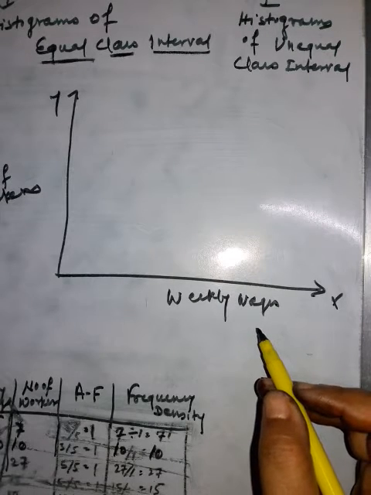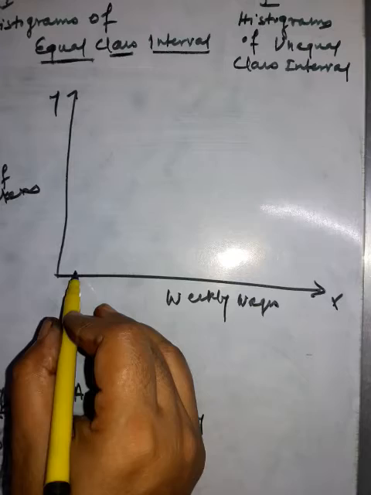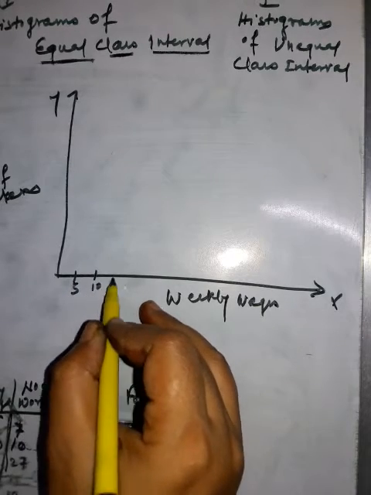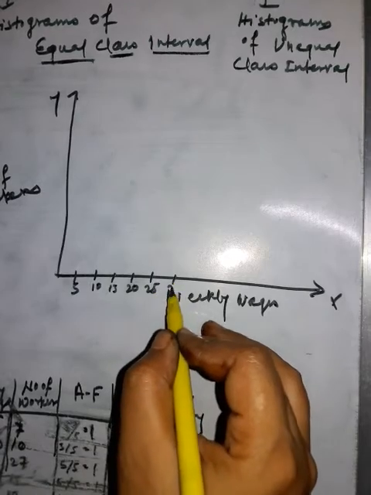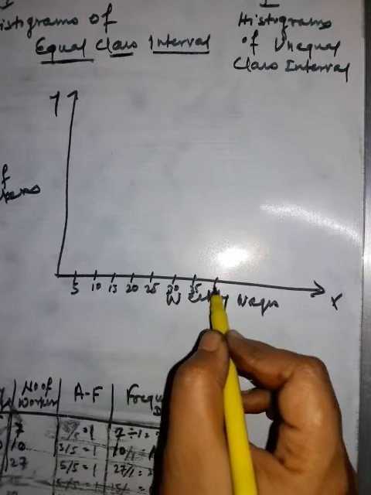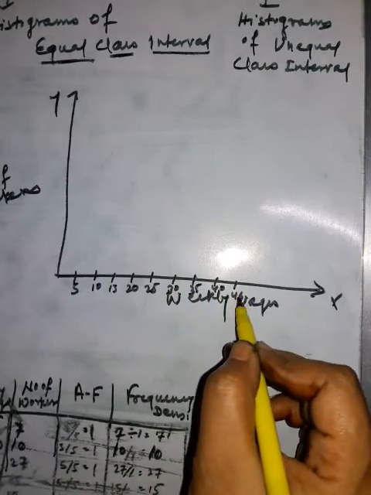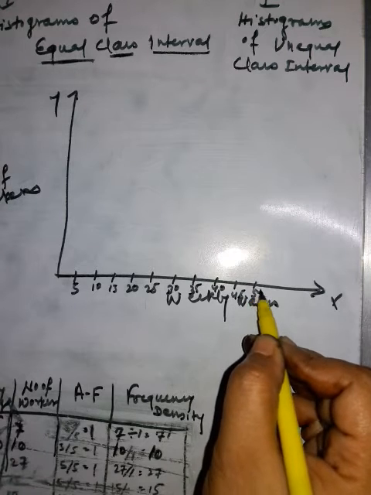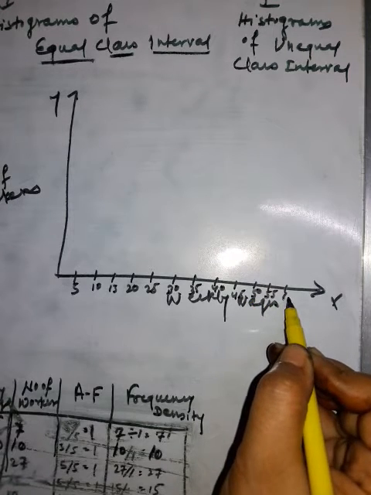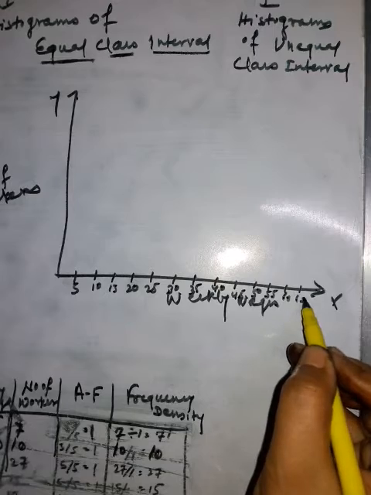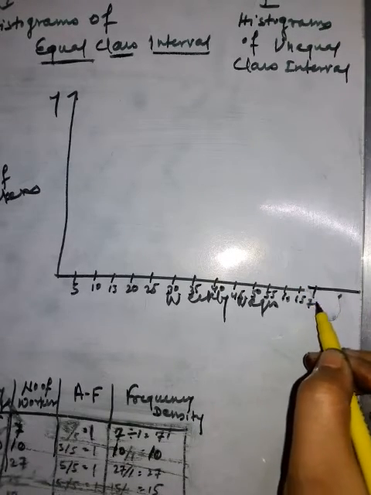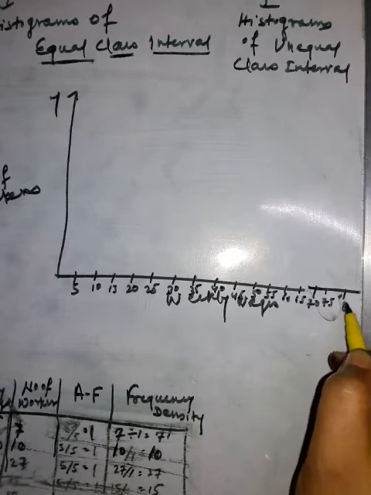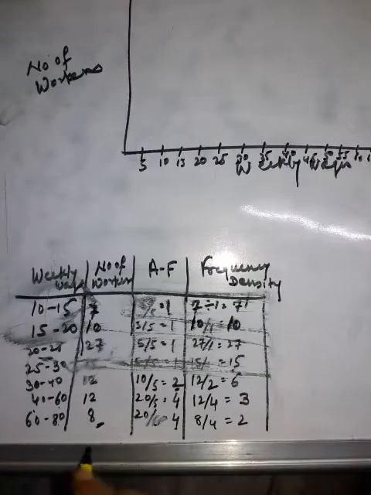So I have data like 5, 10, 15, 20, 25, 30, 35, 40, 45, 50, 55, 60, 65, 70, 75 and 80, because we have to show up to 80.